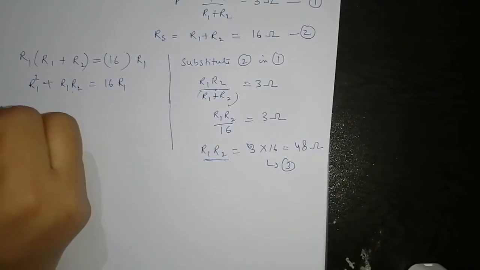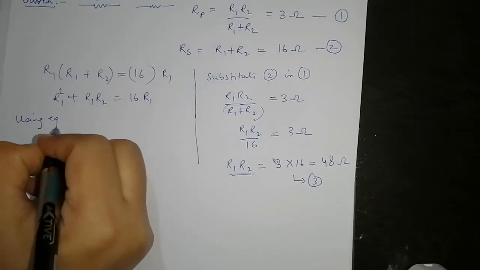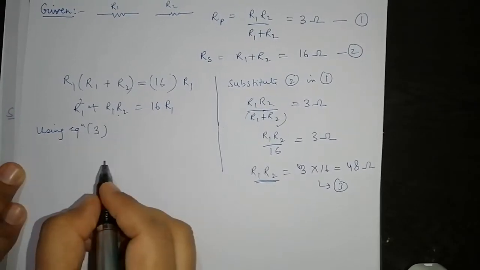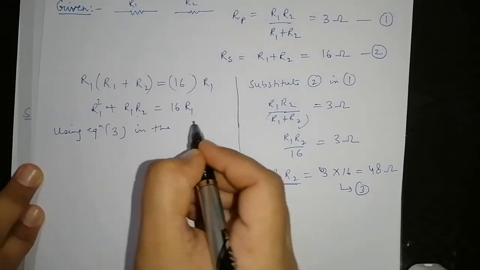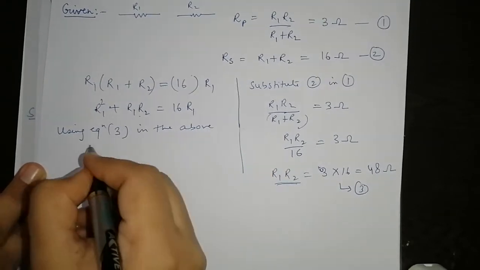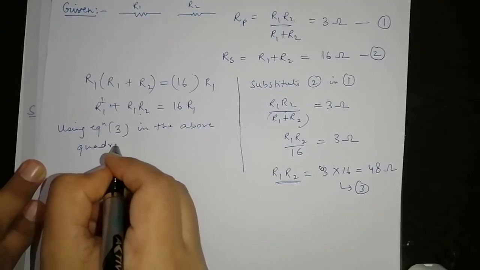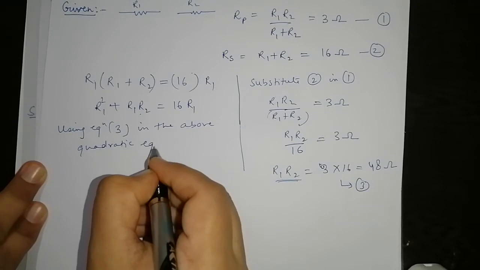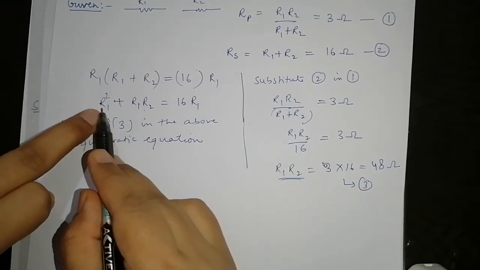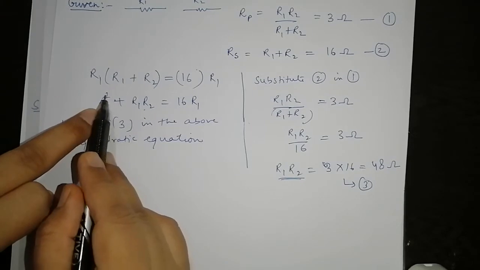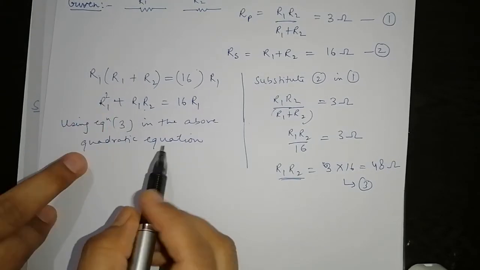So using equation 3 in the above quadratic equation. I am calling it quadratic because you can see here R1 is of power square, so it is a form of quadratic equation.